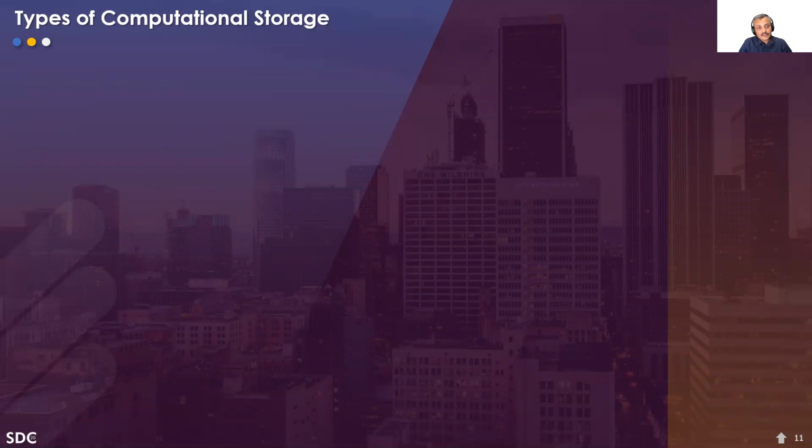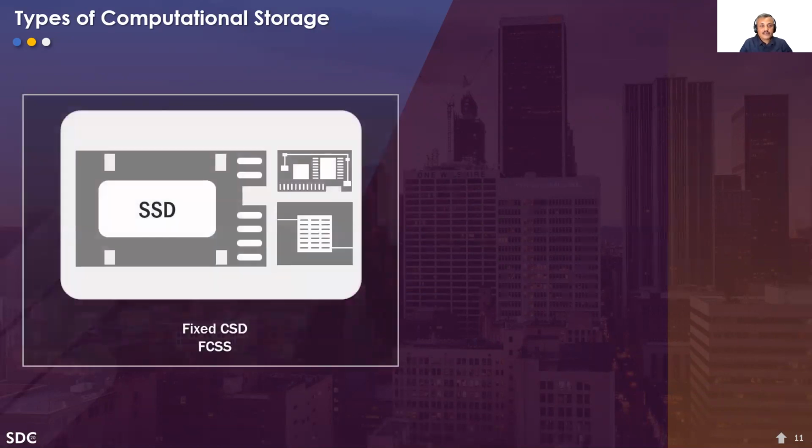Now, having defined this computational storage, where we try to put compute within the storage, the next topic would be, what are the different types of computational storage? And the answer is, there are primarily two types. One is the fixed CSD, which we define as FCSS.